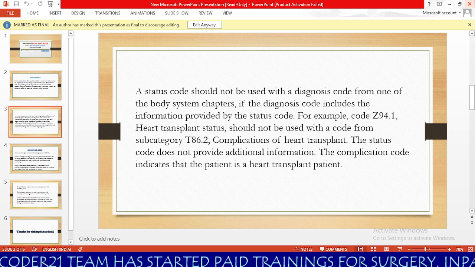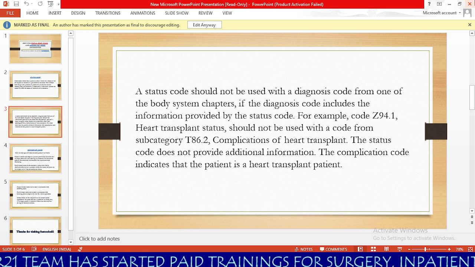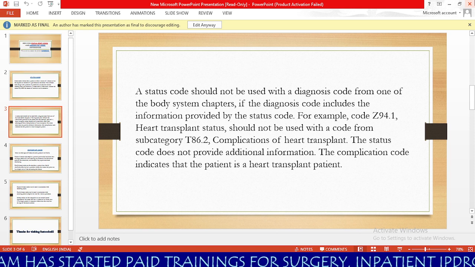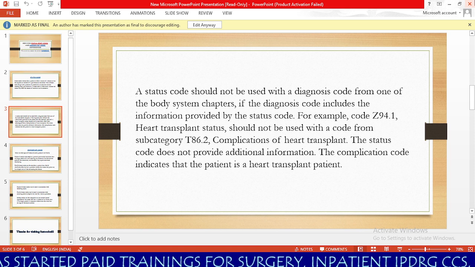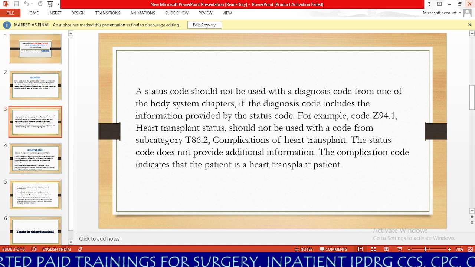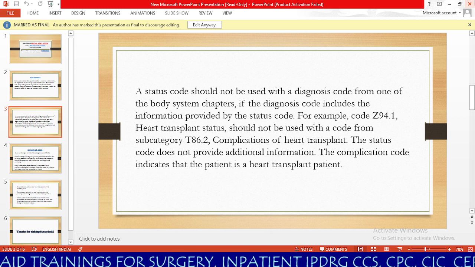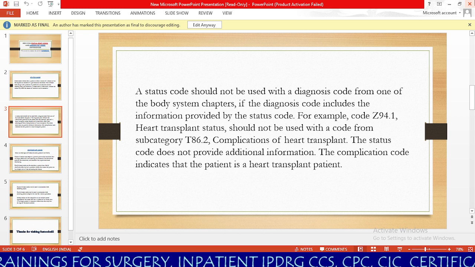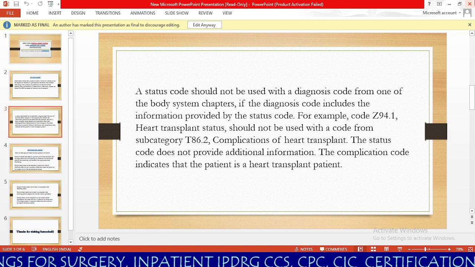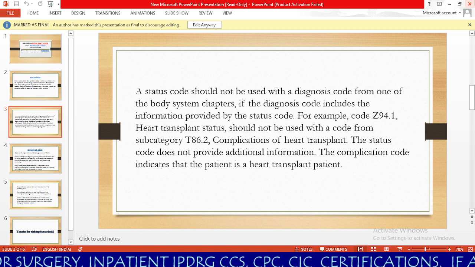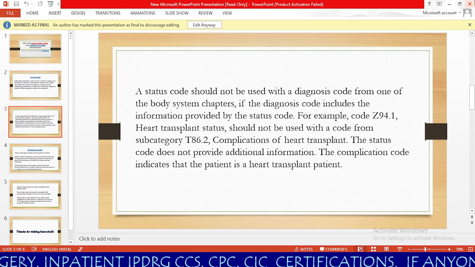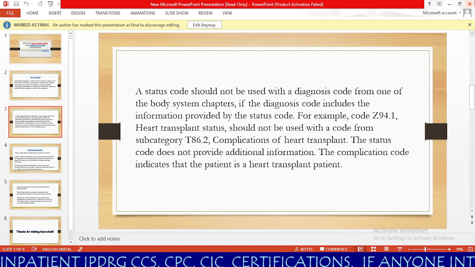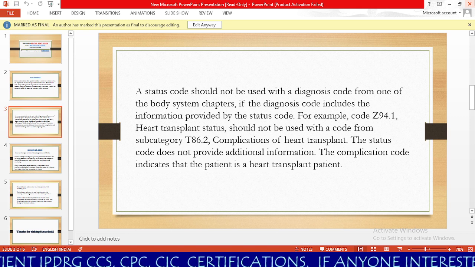And also we have Z88 allergy status to drugs and Z89 acquired absence of limb, Z90 acquired absence of organ, Z91.0 allergy status, Z92.82 status for administration of TPA, Z93 artificial opening status like gastrostomy, colostomy status, Z94 transplanted organ and tissue status.